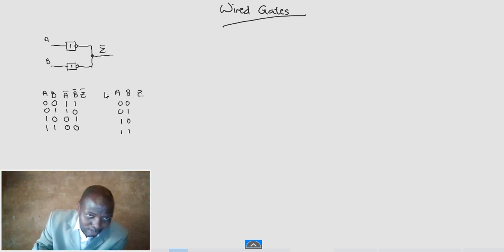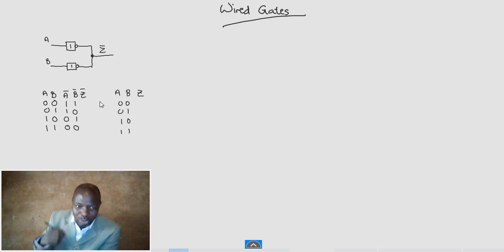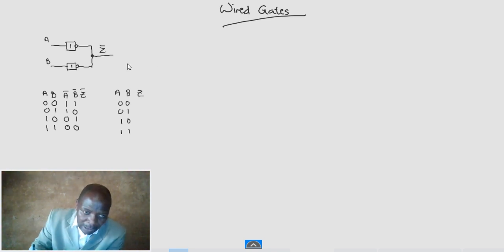So the output cannot be Z, it has to be not Z because the output is low. All right, the OR is for the low state.